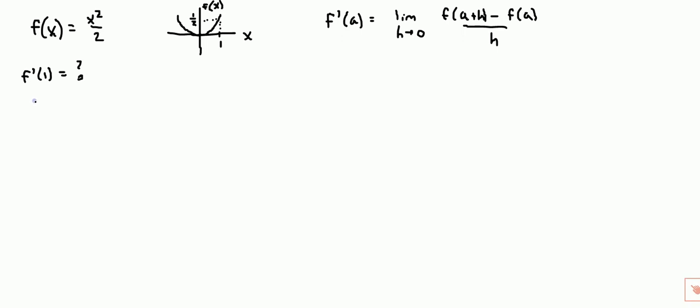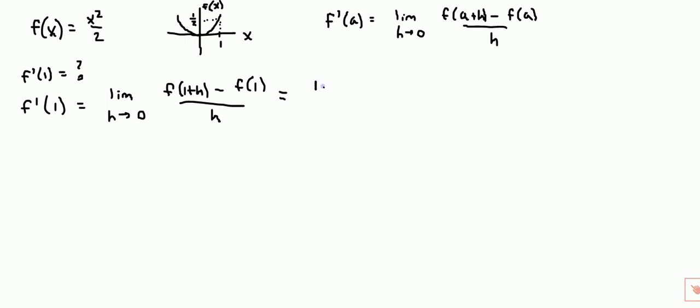Okay, so let's go ahead and plug in f prime of 1. That's the limit as h approaches 0 of f of 1 plus h minus f of 1, all divided by h. So we have the limit as h approaches 0.